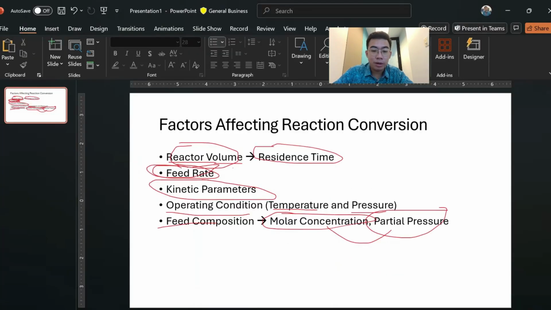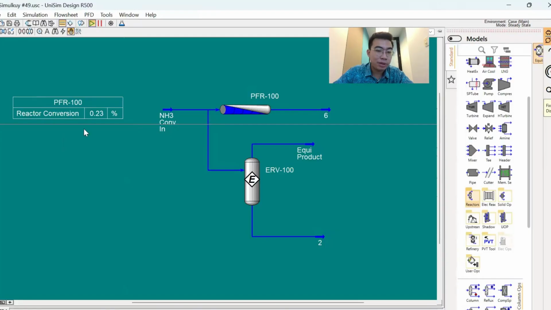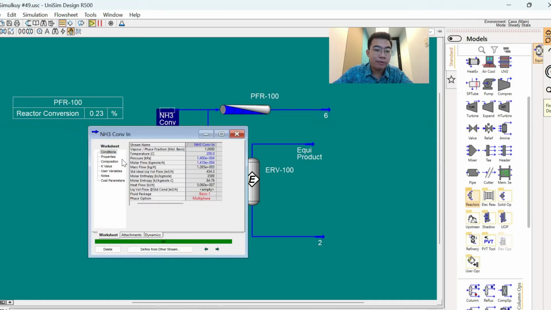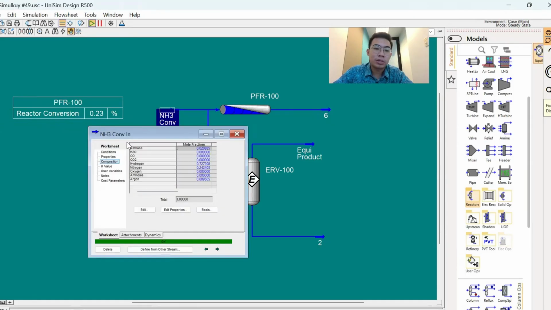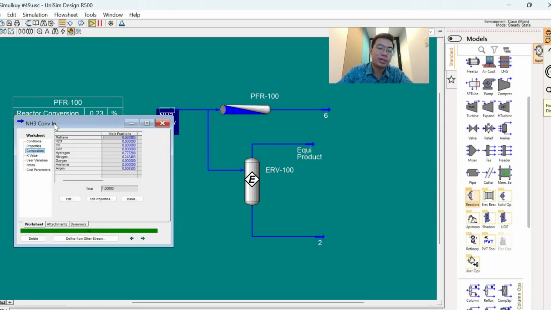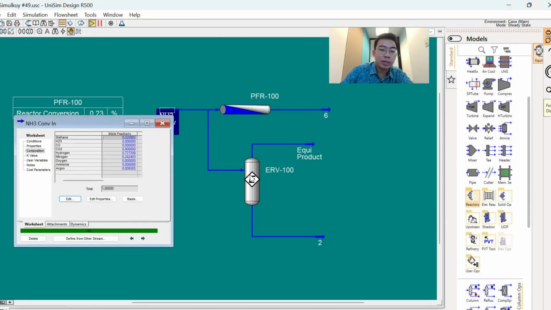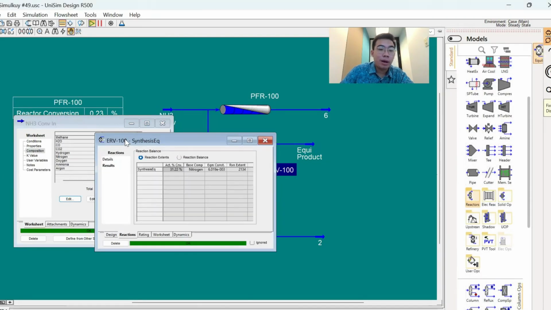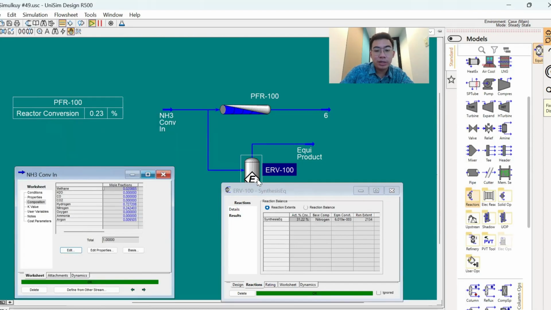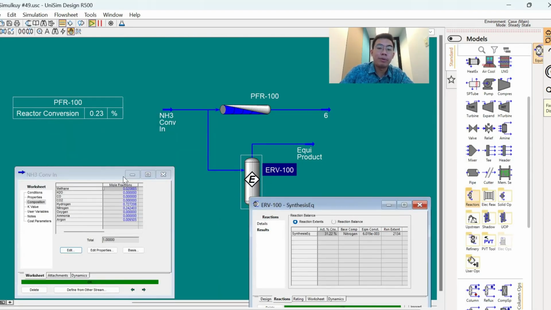The last thing is about the feed composition. Yeah, for example, in this case, I have argon and also methane, which is not really used in this reaction. It is acting like an inert. So, for example, if I change this composition, it will affect my PFR conversion and also the equilibrium.